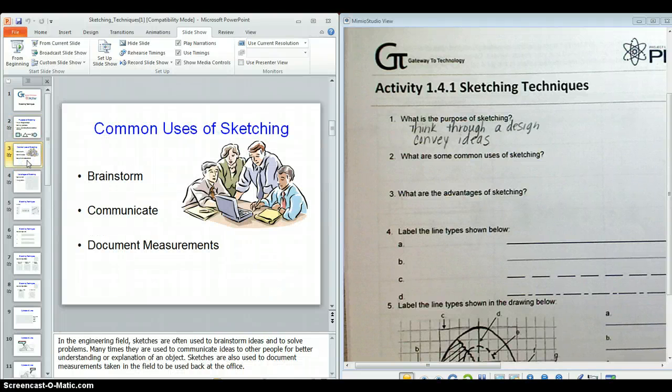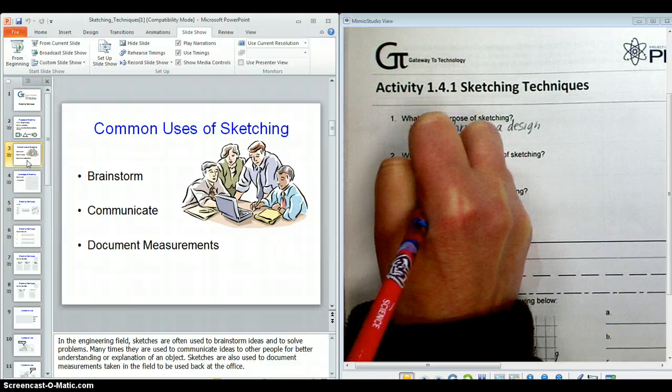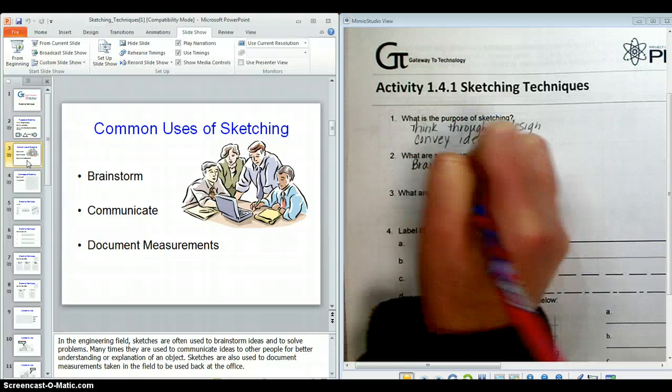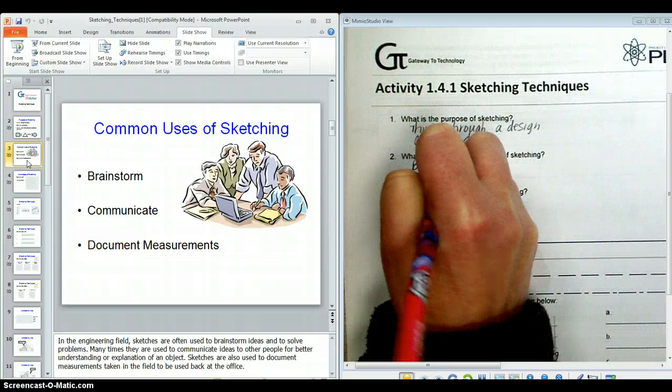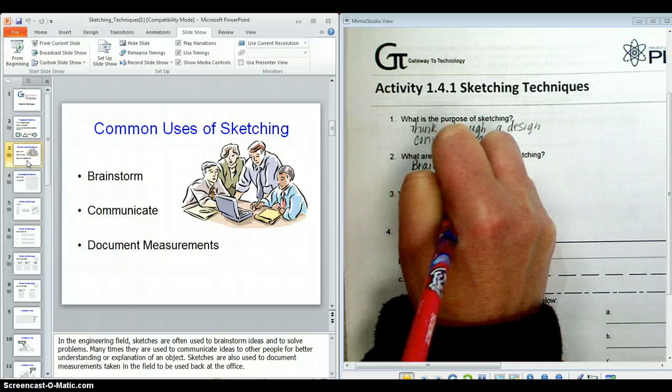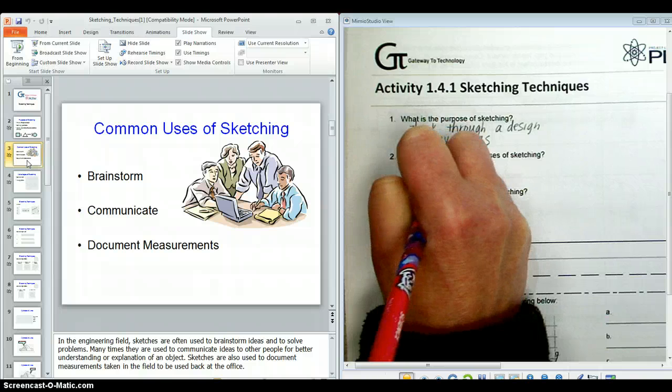So what are some common uses of sketching? Definitely when you brainstorm ideas, that is a really important use of sketching. To communicate your ideas, if you want to show somebody an idea, or to document measurements.